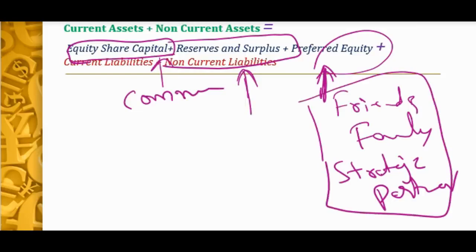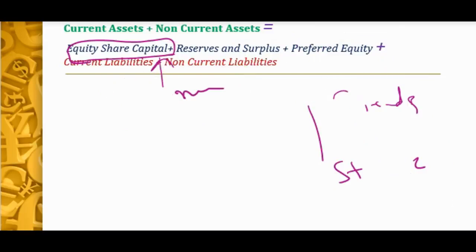That is why it is called preferred equity. And common equity is the self, which you are going to get later, from whatever profits you are earning. So this is about equity.